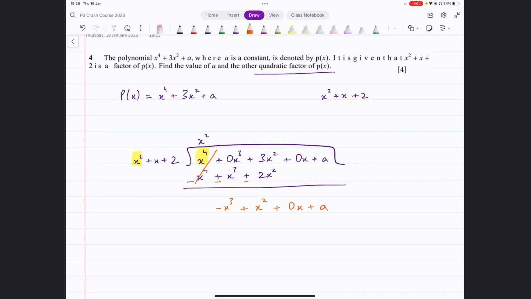What do you multiply x squared by to get minus x cubed? Now you'll have to multiply it by minus x. All right. Minus x into this whole thing. That gives you minus x cubed minus x squared minus 2x.